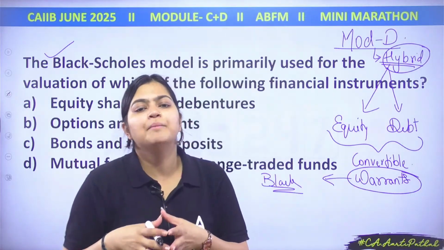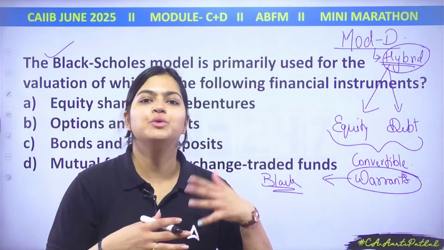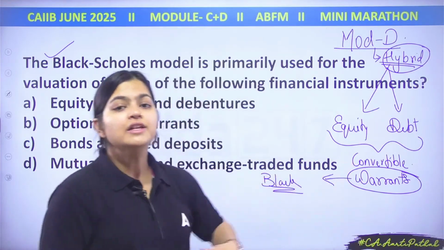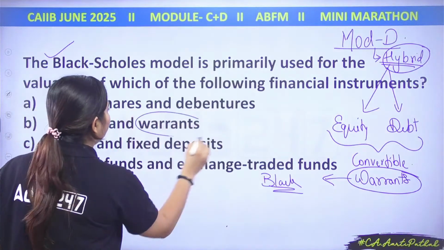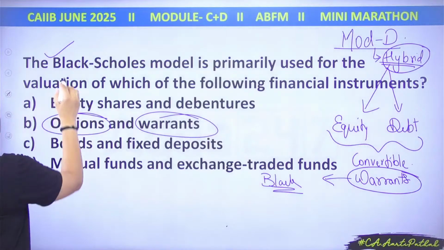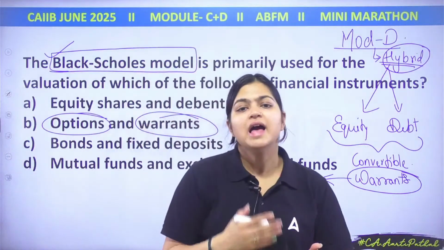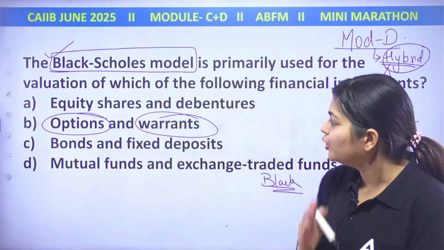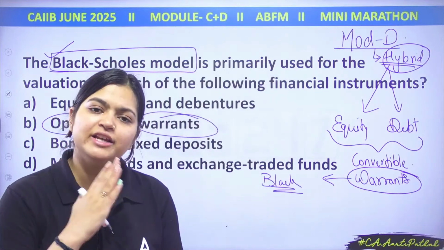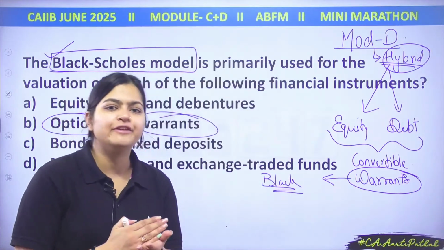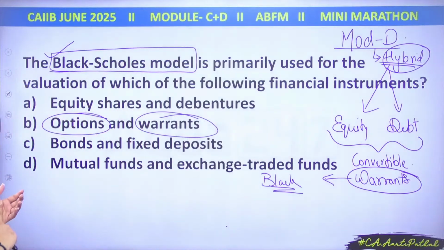This is the certificate you receive when you purchase warrants. This method can value warrants as well as options. This question is asked in each and every attempt, in previous and alternative attempts also. Black-Scholes model is a very important topic.